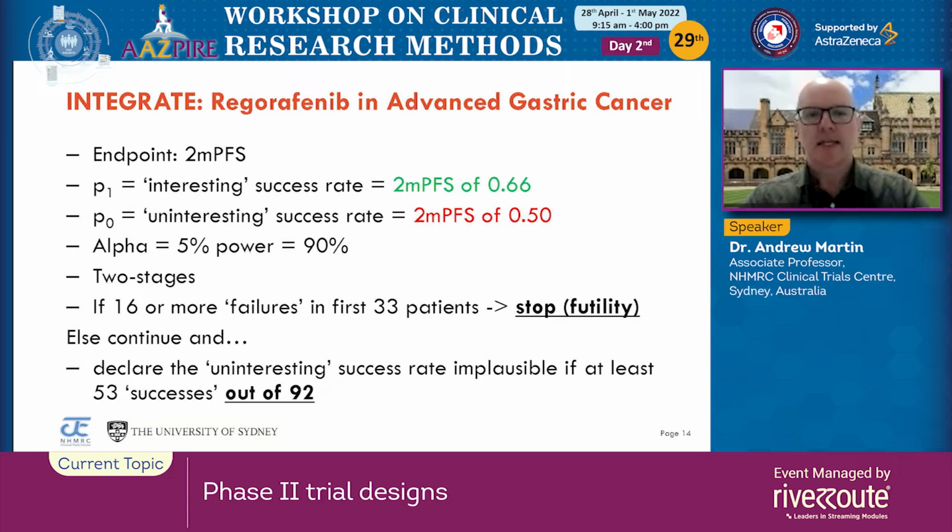So we had a priori said that a 2-month PFS of 50% would be indicative of an uninteresting success rate, or put another way, that's the success rate we would expect given control therapy, or given standard care, which at that time was placebo plus best supportive care.